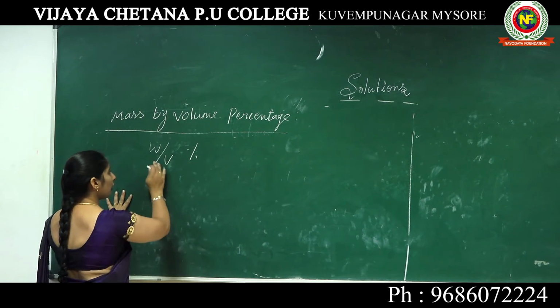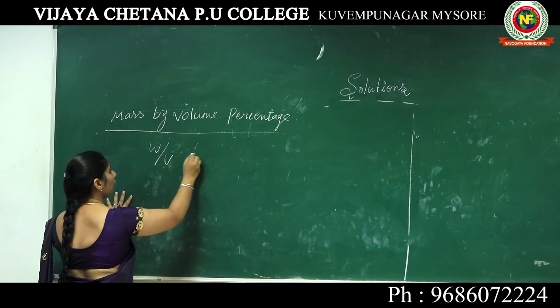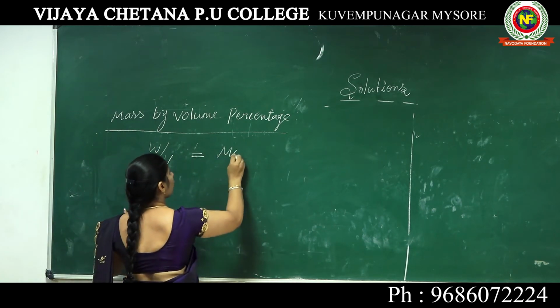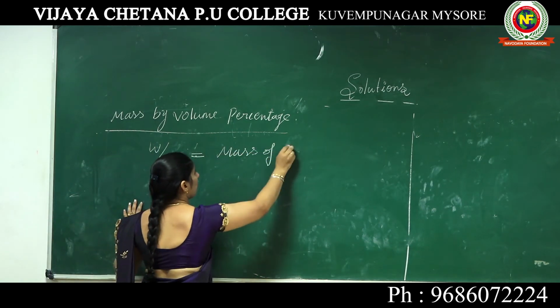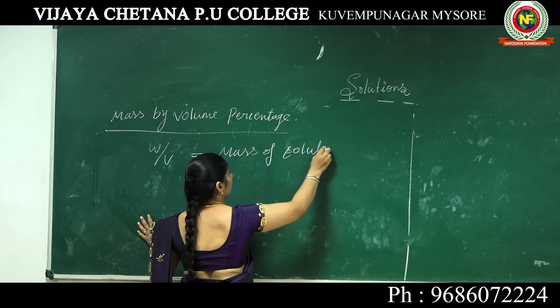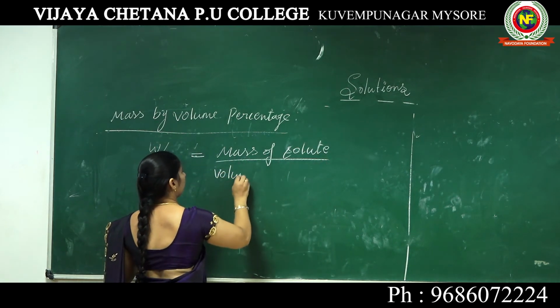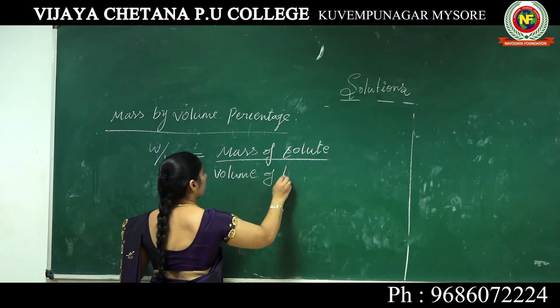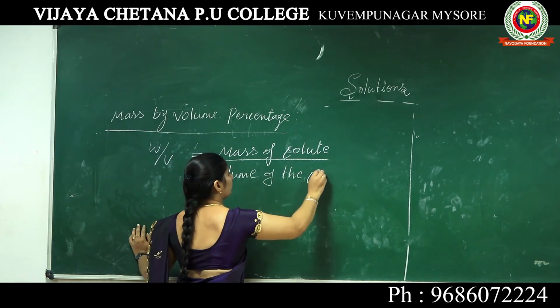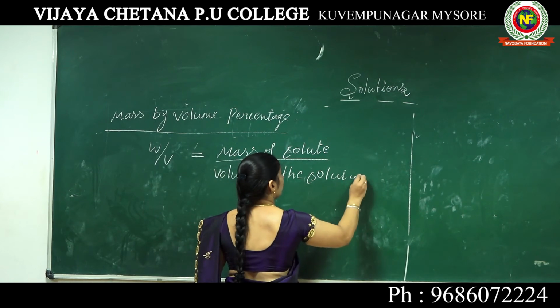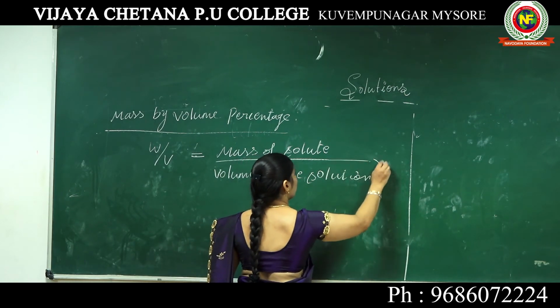So you have to find out the W by V. How to write this one? Here, the mass of solute by the volume of the solution, into 100, because it is a percentage.